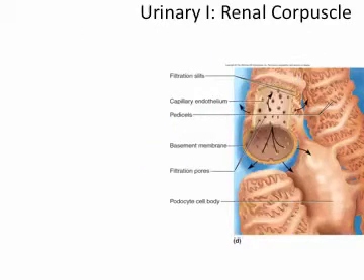This is just another cartoon of the glomerular capillaries on the right hand side. It shows the capillary endothelium, and there are lots of fenestrations. They're called filtration pores in this cartoon, but we've called them fenestrations before. Superficial to the capillary endothelium are the podocytes.